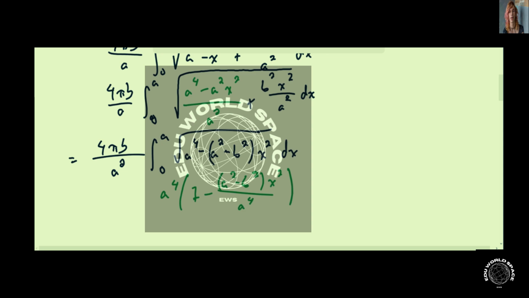All of that is in the root, and when we factor it out and bring it outside the root, this and this will actually end up canceling out.